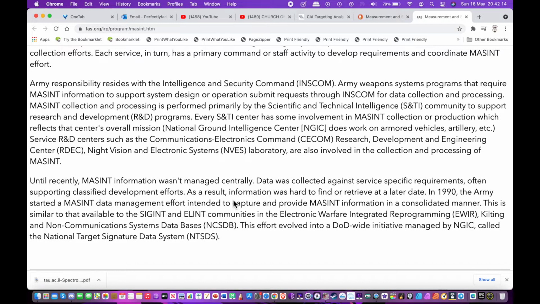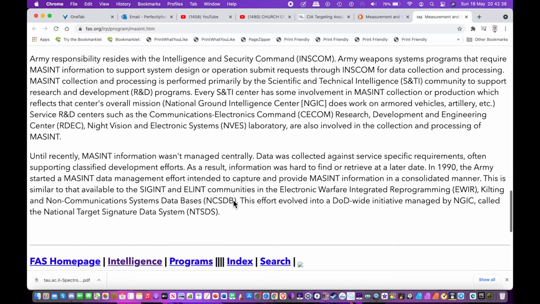Service R&D centers such as the Communication Electronics Command, CECOM, Research, Development and Engineering Center, RDEC, Night Vision and Electronic Systems, NVESD, Laboratory, are also involved in the collection and processing of MASINT.